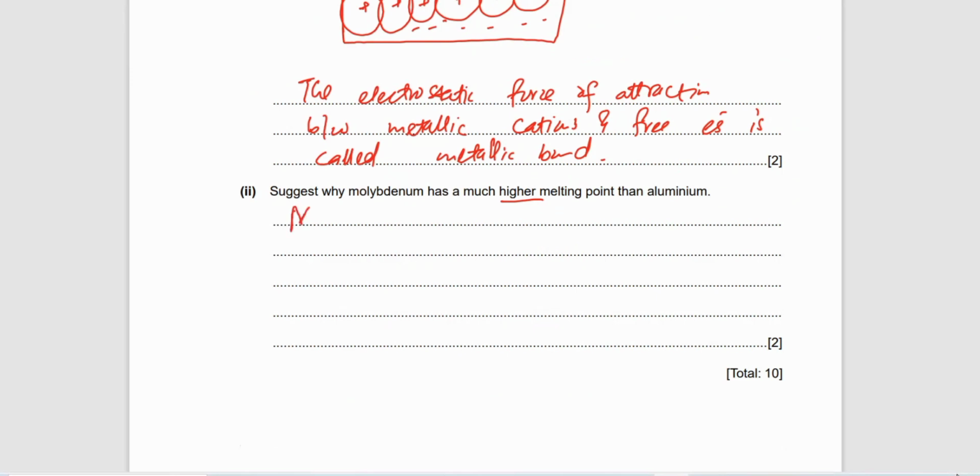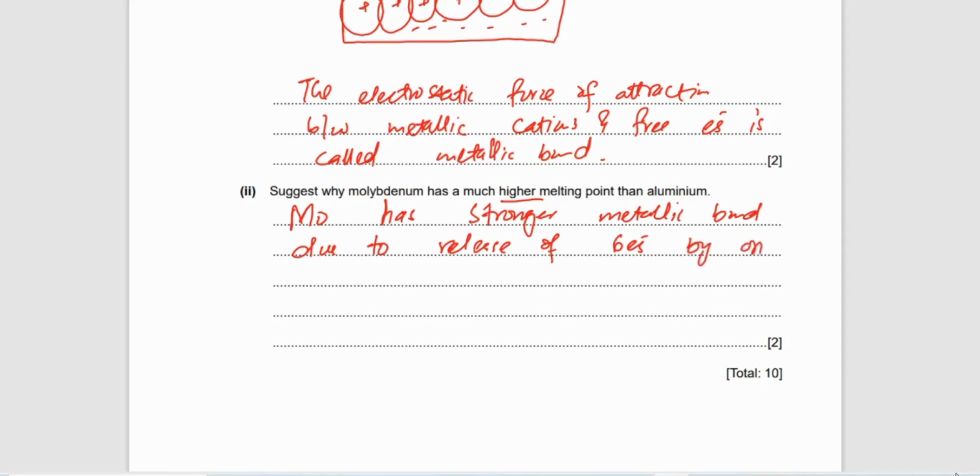Molybdenum has a stronger metallic bond due to the release of 6 electrons by one atom, while one atom of aluminium loses 3 electrons only.